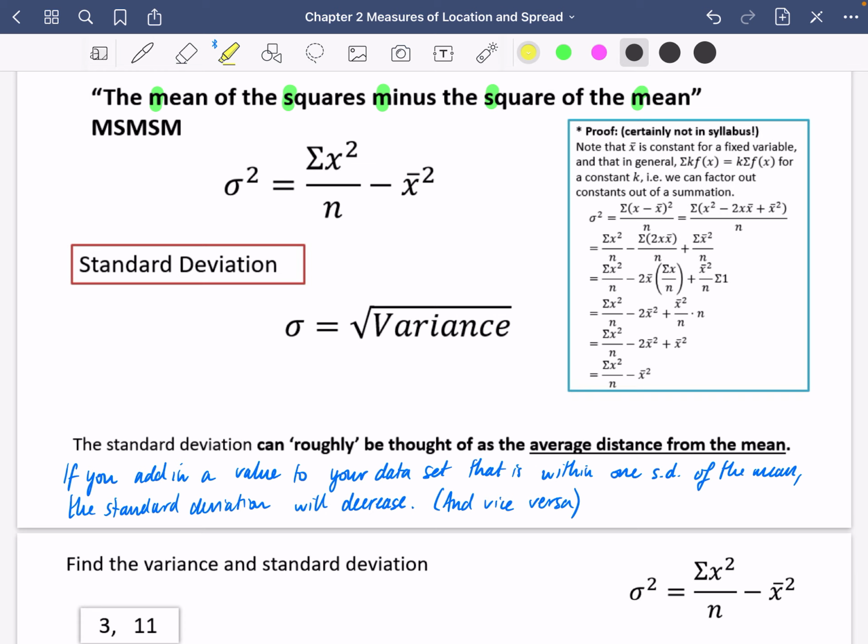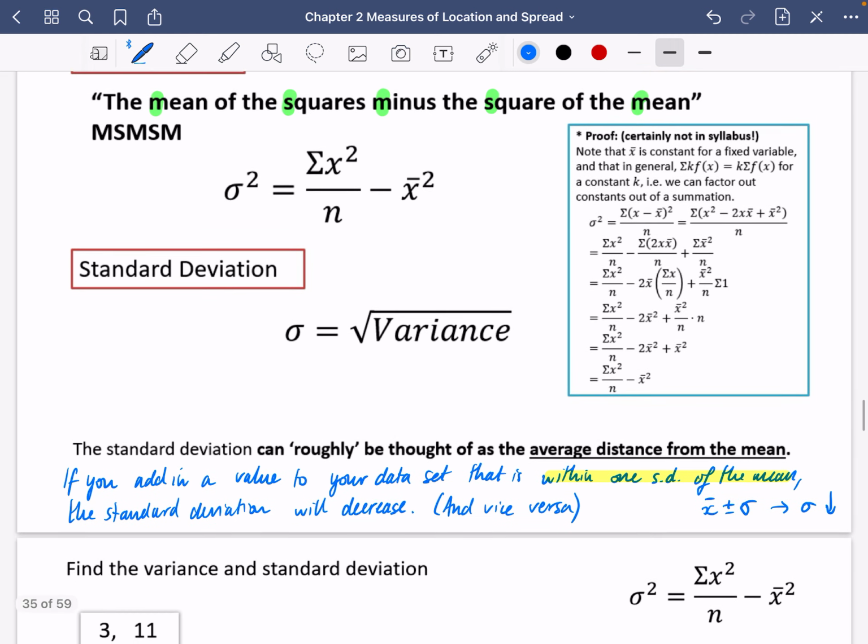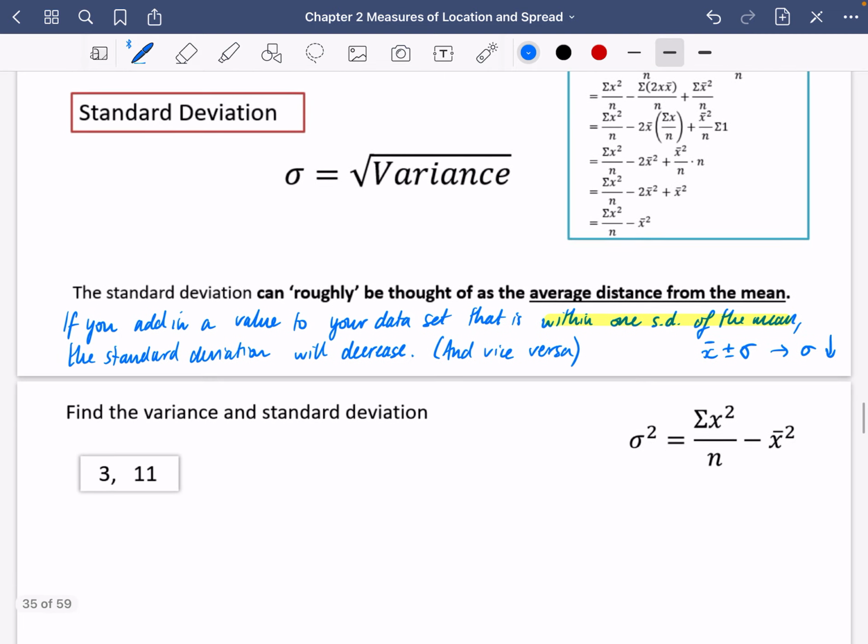So the important bit is that if the thing you add into your data set is within one standard deviation of the mean, in other words, if it's x bar plus or minus the standard deviation, then the standard deviation should decrease, and vice versa. If you added in something that was further away than that standard deviation, then the standard deviation is going to increase.